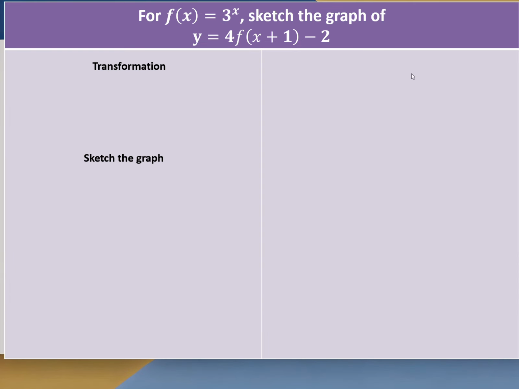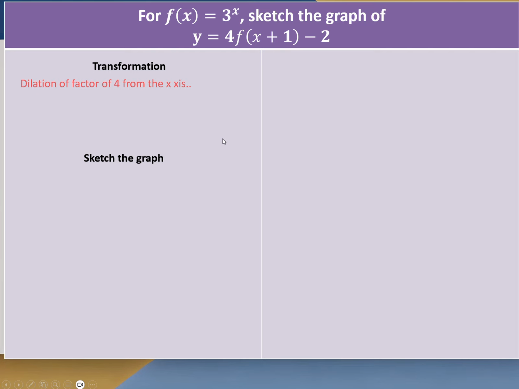Now I'm able to graph. Okay, so let's look at the transformation that's occurring and sketch the graph of y is equal to 4f(x + 1) - 2, where our graph is 3 to the power of x. The first thing that I'm going to do is think about what is the transformation that's happening with my basic graph. Well, we've got a dilation of 4.